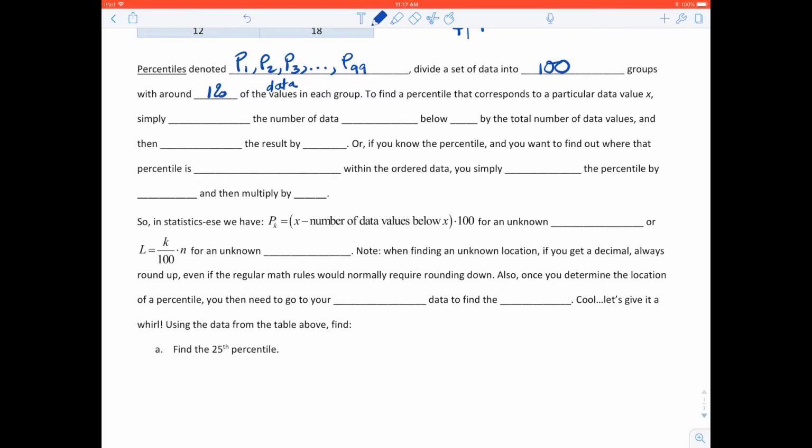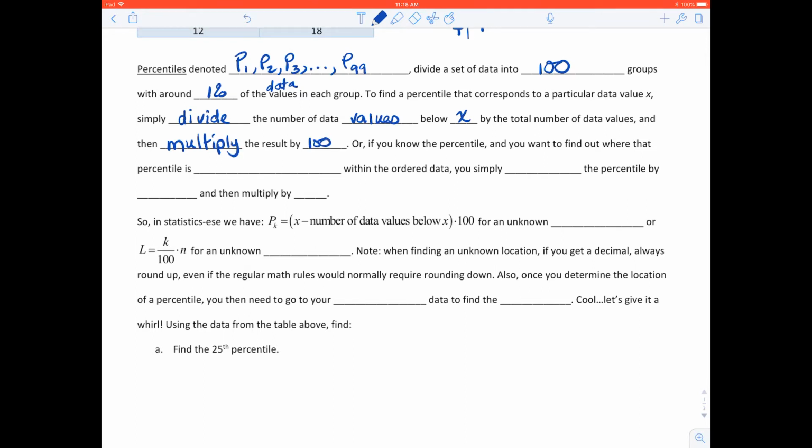To find a percentile that corresponds to a particular data value X, simply divide the number of data values that fall below that particular X by the total number of data values, and then multiply the result by 100.